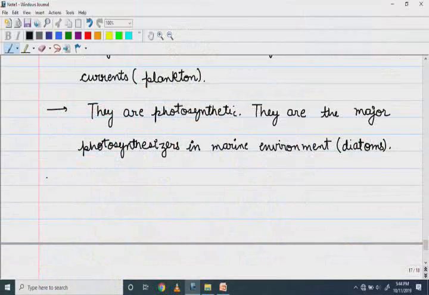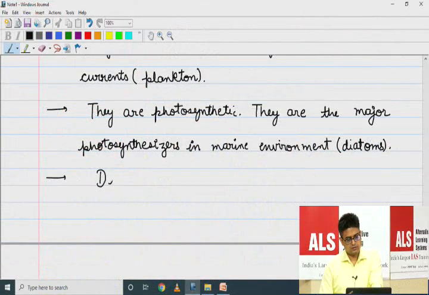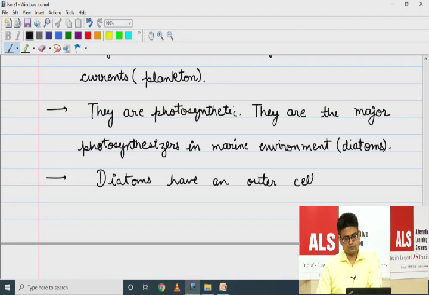Diatoms have an outer cell wall made of two halves.